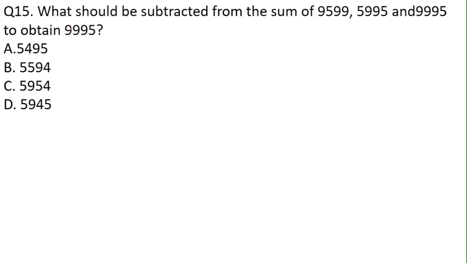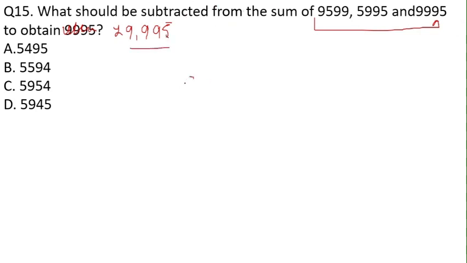The number should be 19,995. So we have to take the summation of all this first, and then what should be subtracted from the summation of these three numbers so that we get this particular number is the question.